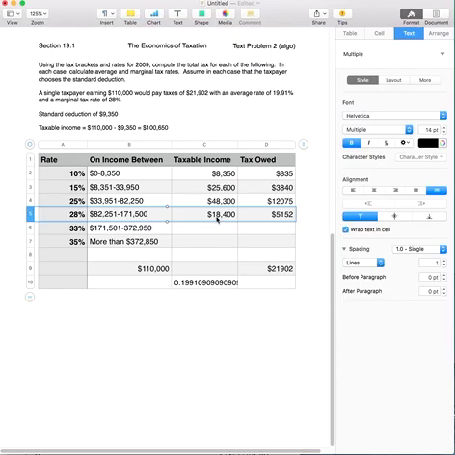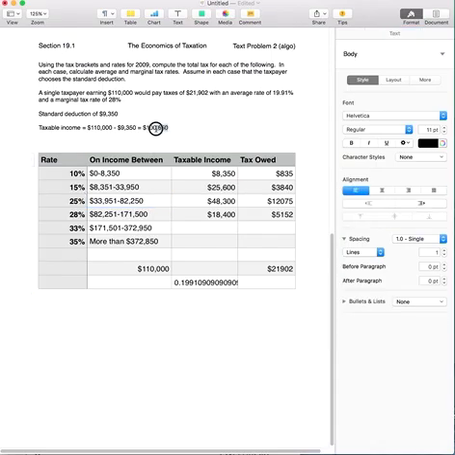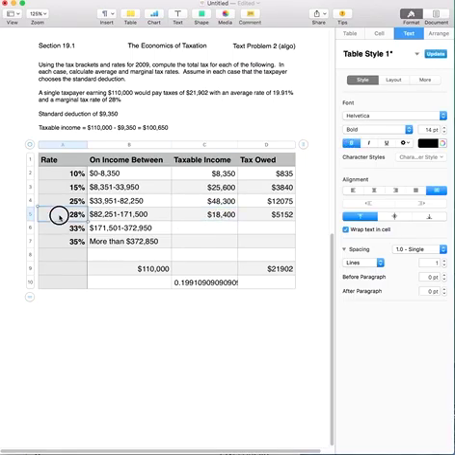Then when you get to the final bracket, you only take into account the money that falls into that bracket. For example, if you're at the 28% bracket, you've already been taxed on $82,250. You subtract that off your taxable income, and that tells you how much money falls in that final tax bracket.